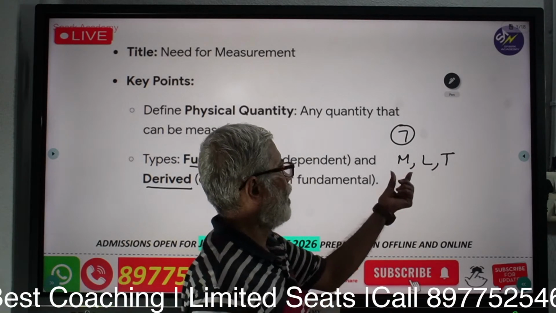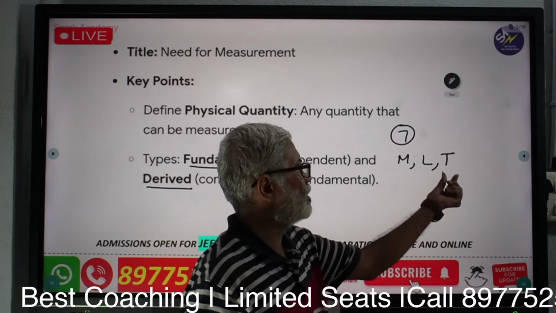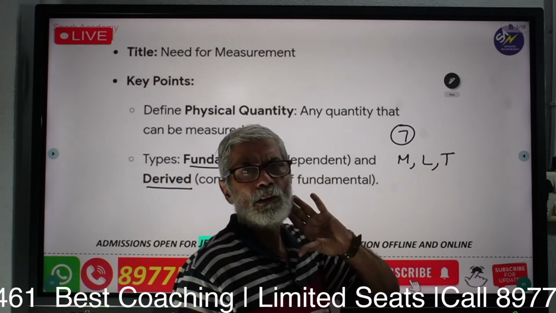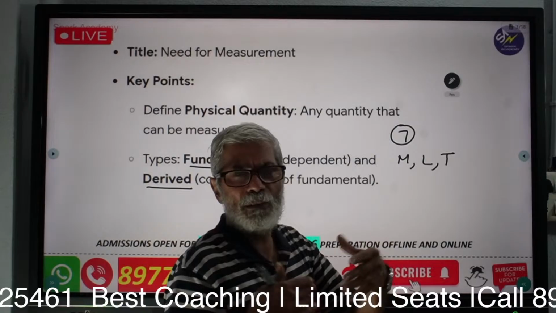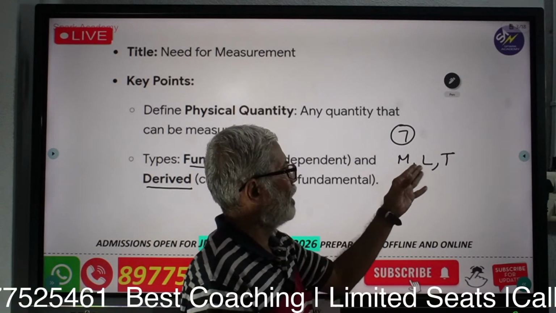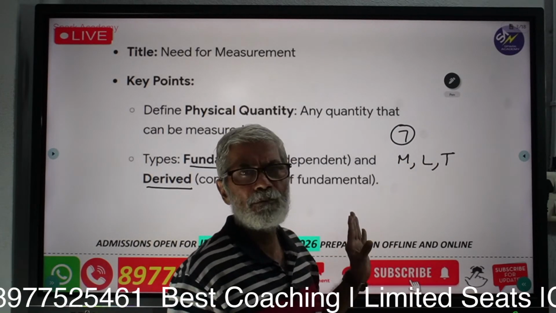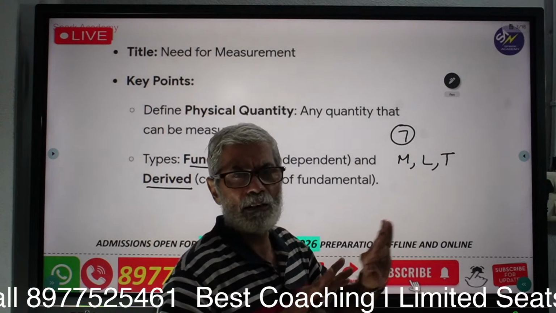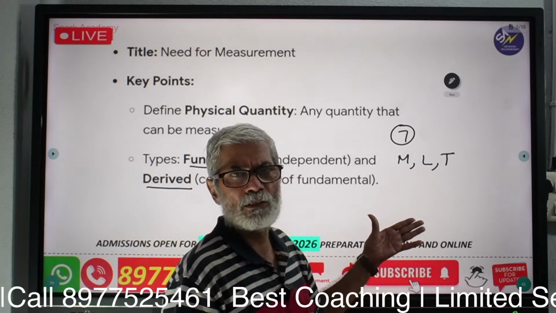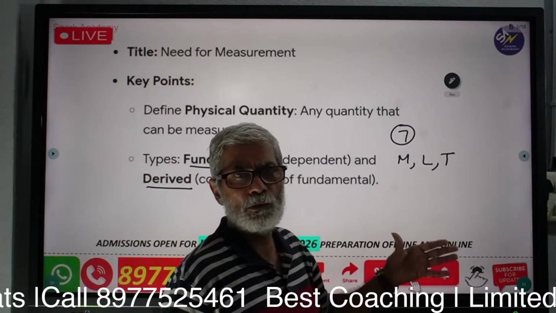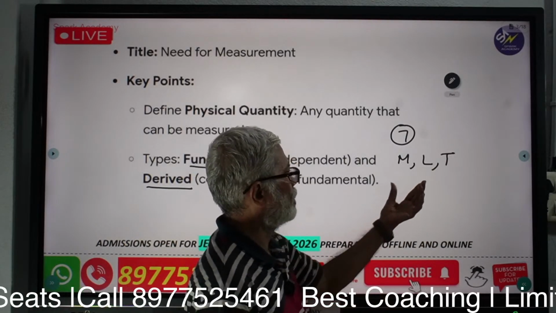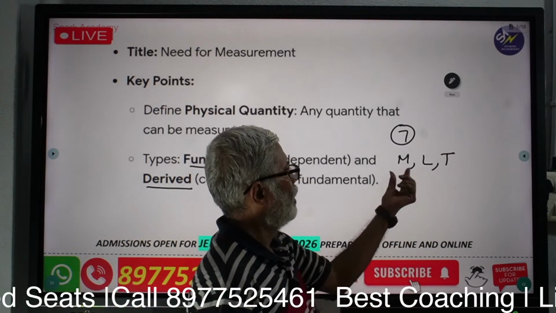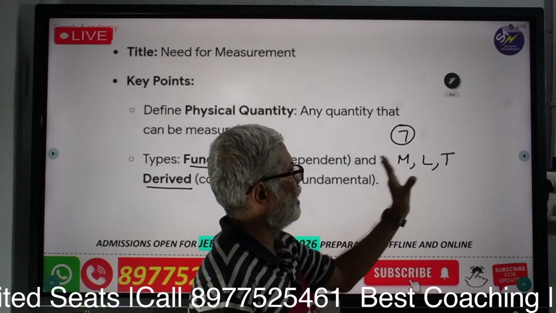M stands for mass, L stands for length, and T stands for time. They are independent of each other. You cannot mix mass with length or length with time. Each can stand on its own; it cannot be broken down into anything smaller. Mass, length, time, they are independent in nature.